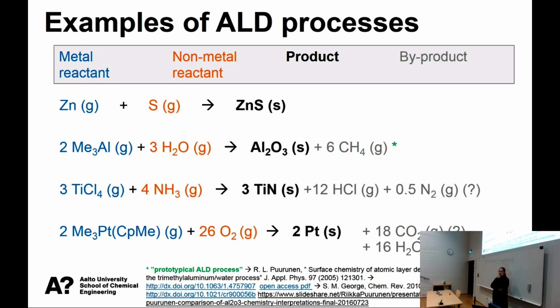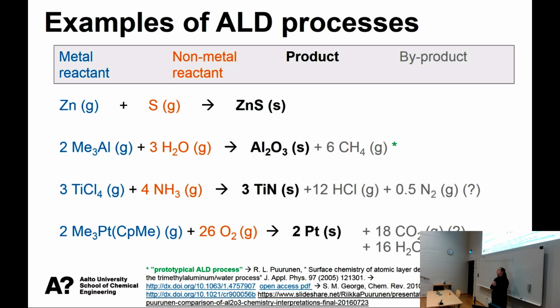And some examples of ALD processes. So again, the first one, simply zinc and sulfur in gas phase, giving zinc sulfide and no byproducts whatsoever. Then the trimethyl aluminium water process to give aluminium oxide and methane. This I'm calling here the prototypical ALD process.